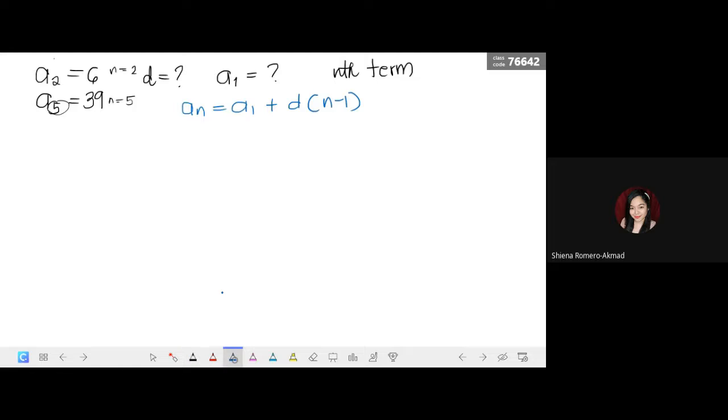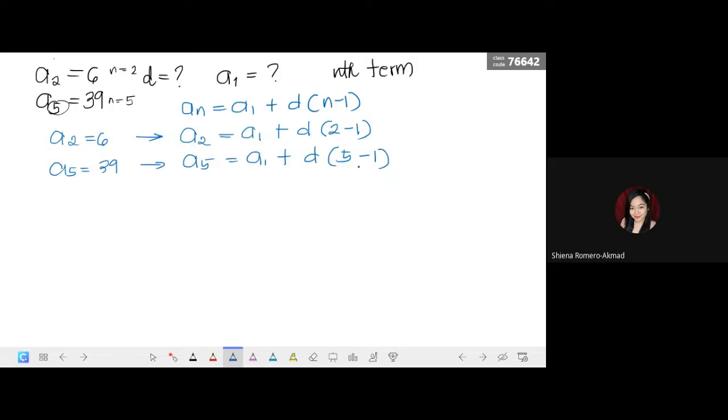So, a sub 2 equals 6. Ang magiging formula natin dyan is a sub 2 equals a sub 1 plus the difference times 2 minus 1. Okay? So, a sub 5 equals 39. Yung formula dyan, pag nag-substitute na tayo, is a sub 5 equals a sub 1 plus d times 5 minus 1.